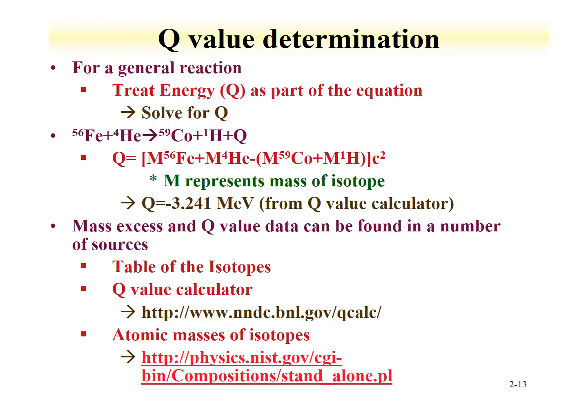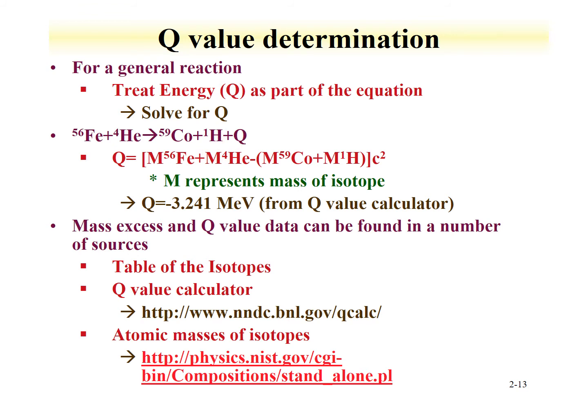Now we showed the Q value for specific reactions. Actually, you can determine the Q value of any reaction. Just treat the Q, the energy, as part of the equation and solve for Q. For example, imagine this reaction where we have a target of iron and we hit it with helium-4, and cobalt-59 is made along with a proton.